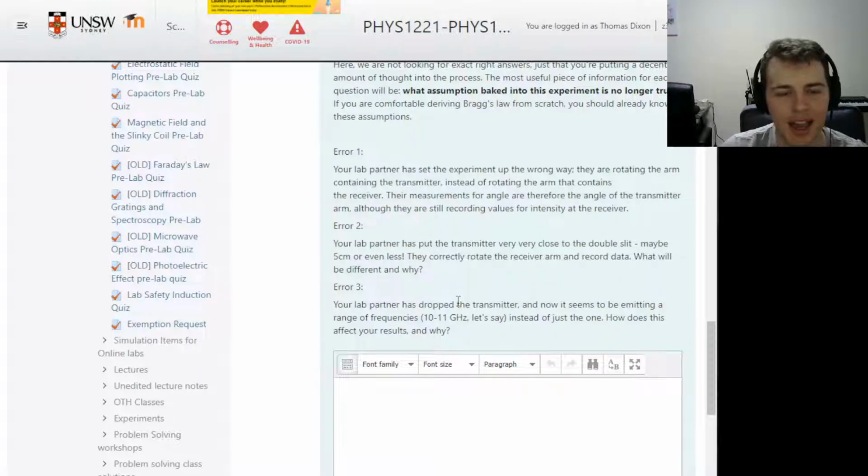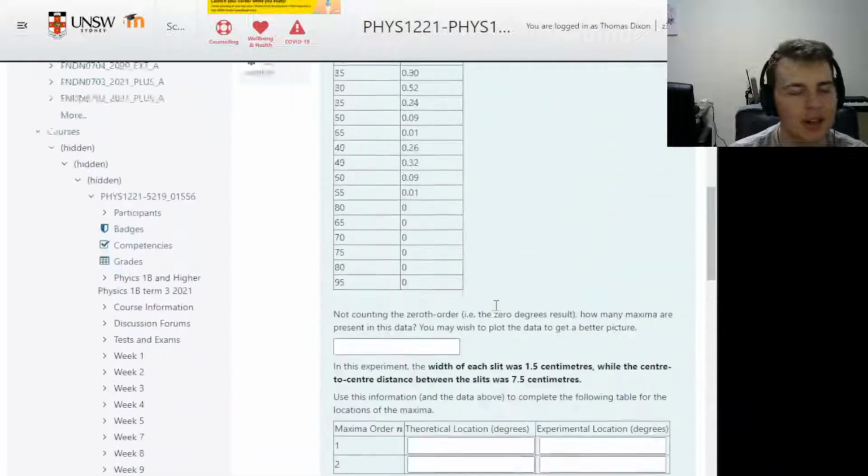If they just say the peaks are fatter now because obviously there's a wider range of frequencies, that's also fine. If they say convolve, that would be nice, even though it's not really a convolution, but whatever.